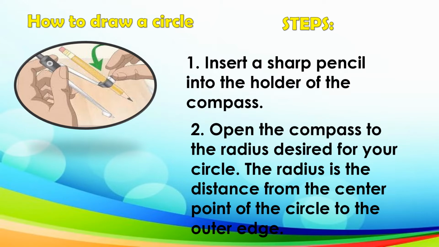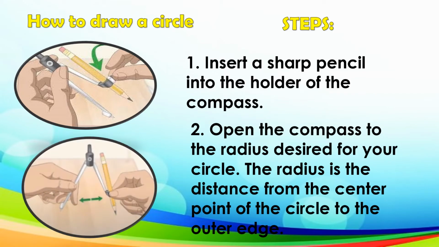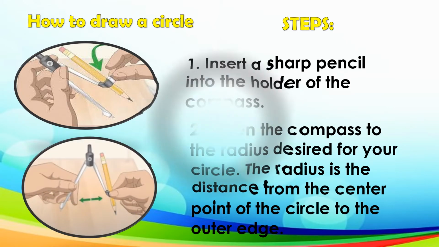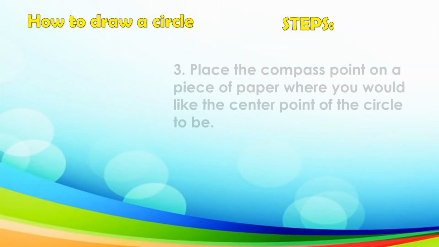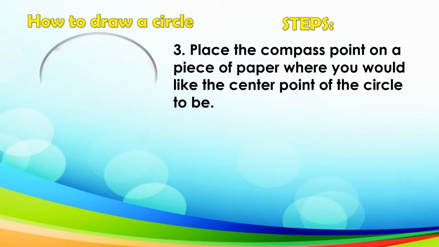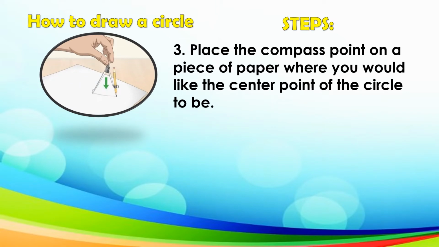Kayo na ang bahala kung gaano kalaking circle ang gusto ninyong i-drawing. Next, place the compass point on a piece of paper where you would like the center point of the circle to be.